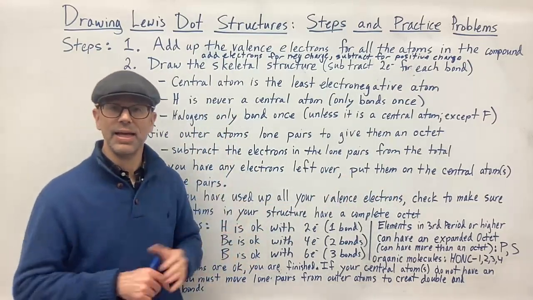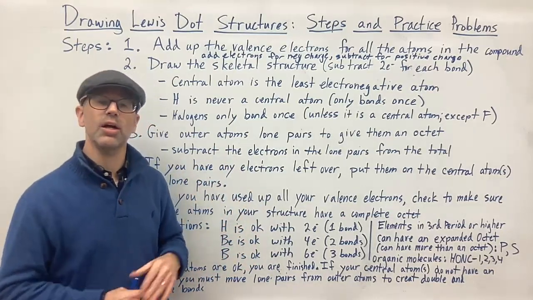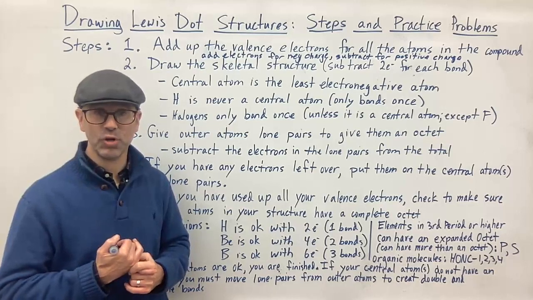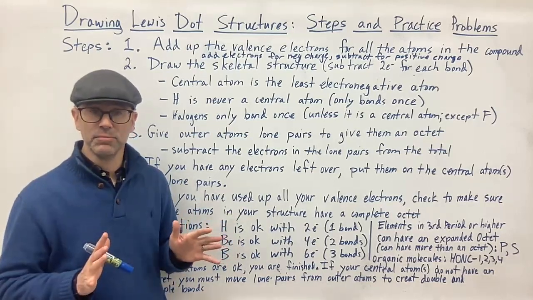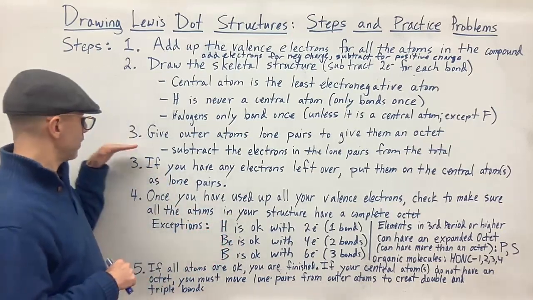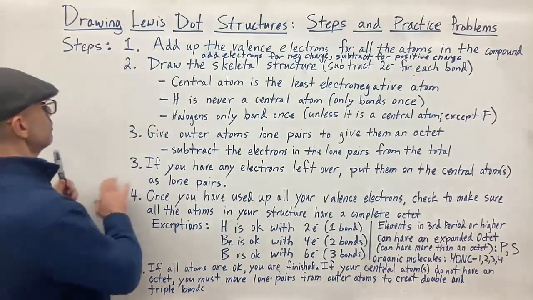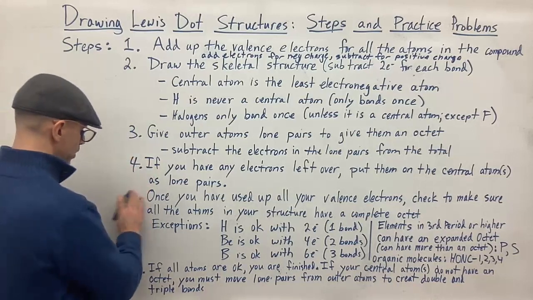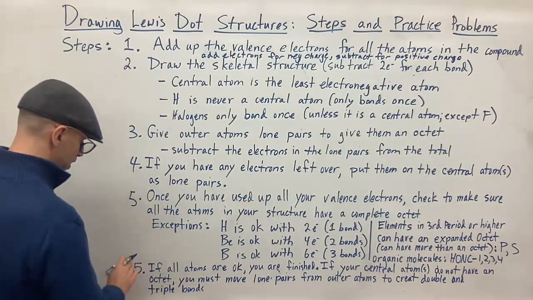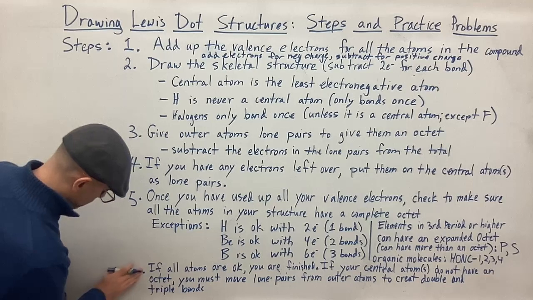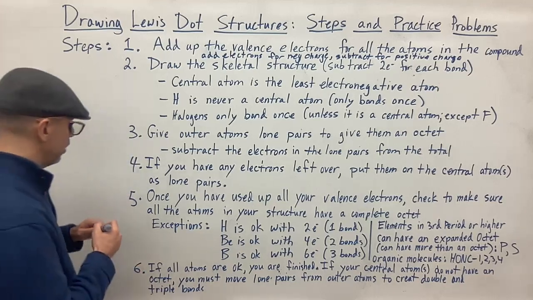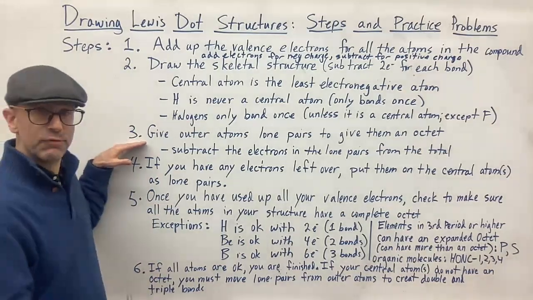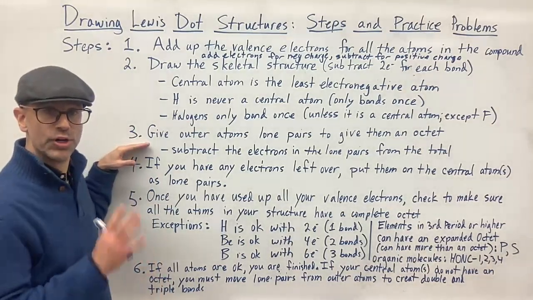If you don't have any electrons left over, then you're done. I misnumbered here. So this is step 4, and this is step 5, and this is step 6. After step 3, if you don't have any electrons left over, you're done.